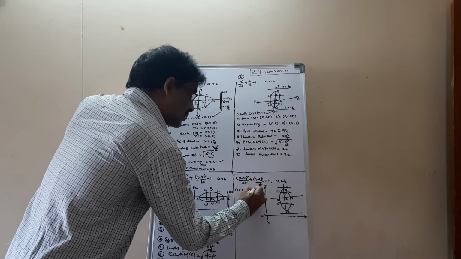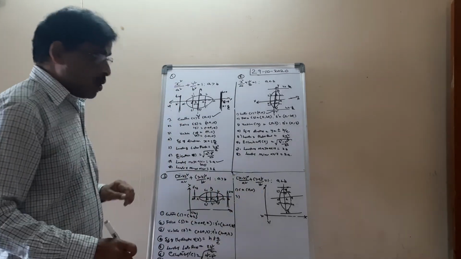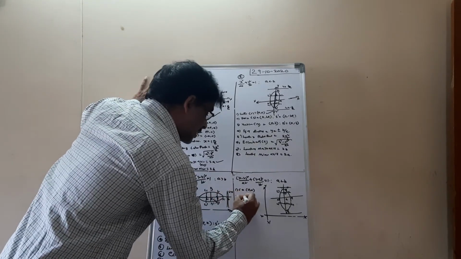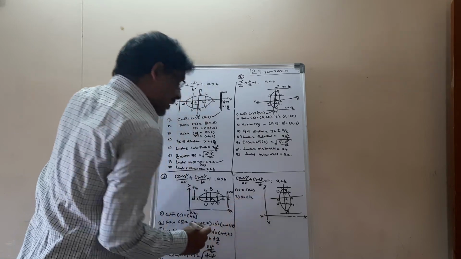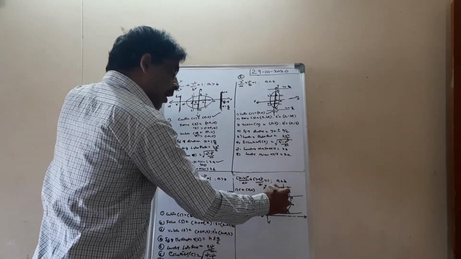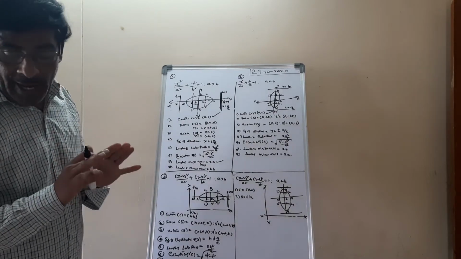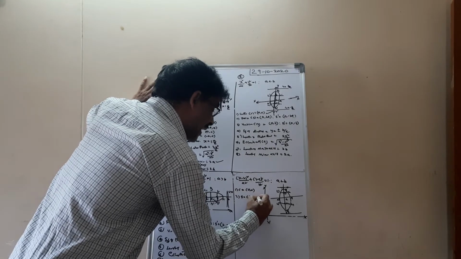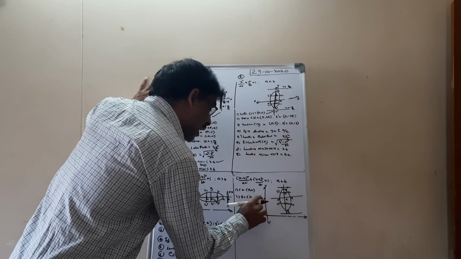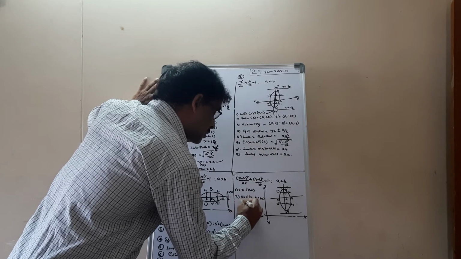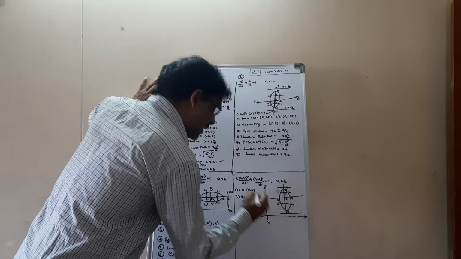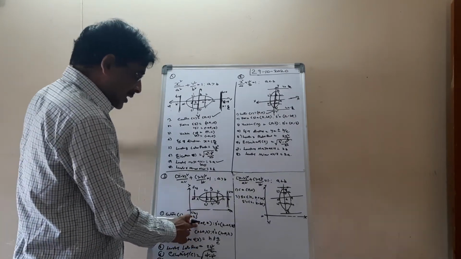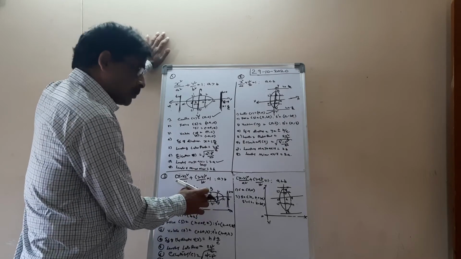The center is (0, 0). Next, what is the focus here? Here the point lies on the y axis, so the focus S equals (h, k plus b e) and S dash equals (h, k minus b e). You observed earlier h plus a e, k, because the axis is parallel to the x-axis.